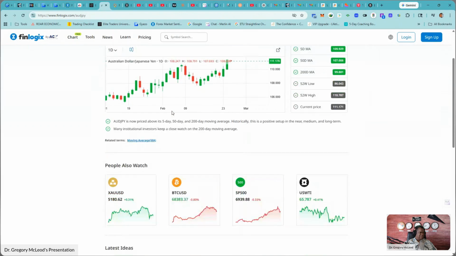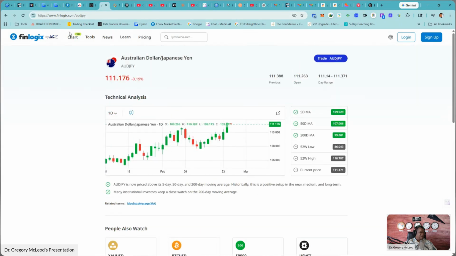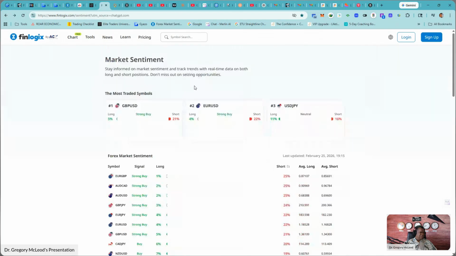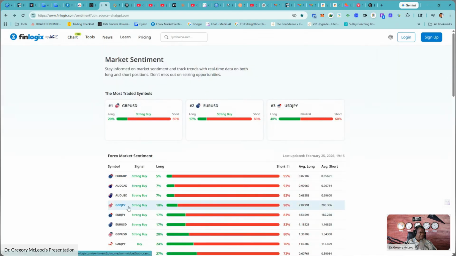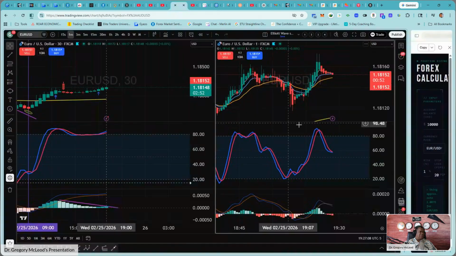But no sentiment. Okay. But no, pound yen's at 10%. Aussie dollar's at 7%. Aussie dollar, Aussie CAD too. Let's take a look. Aussie CAD, Aussie dollar.